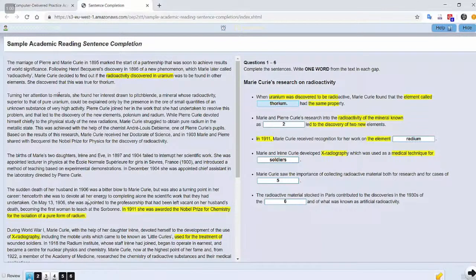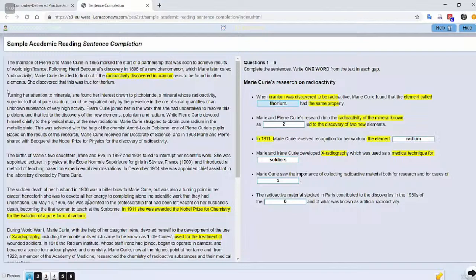Okay, so topic sentence tells me exactly where it is. Right, so turning her attention to minerals, she found her interest drawn to pitchblende, a mineral whose radioactivity, superior to that of uranium, could be explained only by the presence of one or more small quantities of an unknown substance. Pierre, her husband, joined the work. He had undertaken to resolve this problem, which led to the discovery of new elements, polonium and radium. Polonium and radium are the 2 new elements, because it says led to the discovery of.